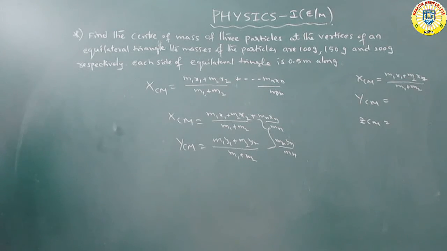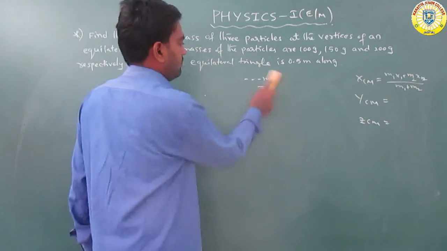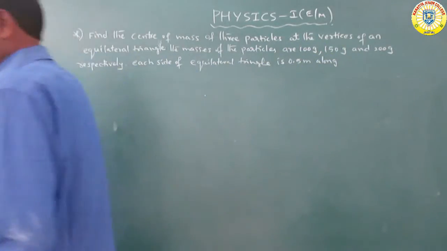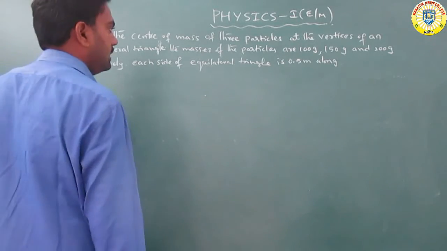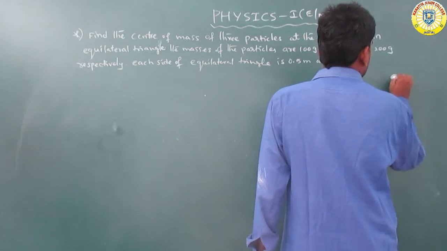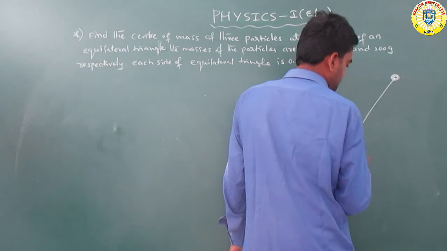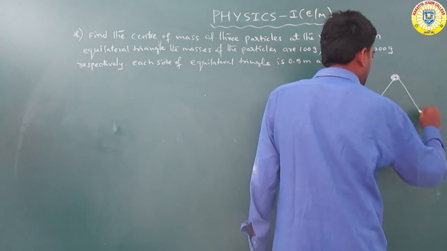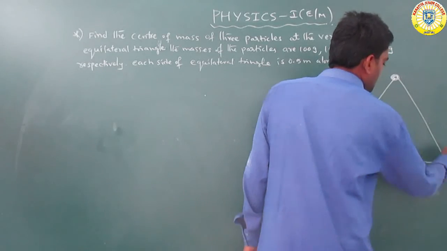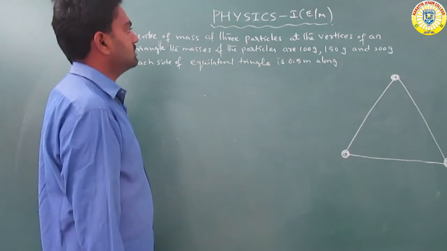Three particles are given, and we need the center of mass of the three particles.